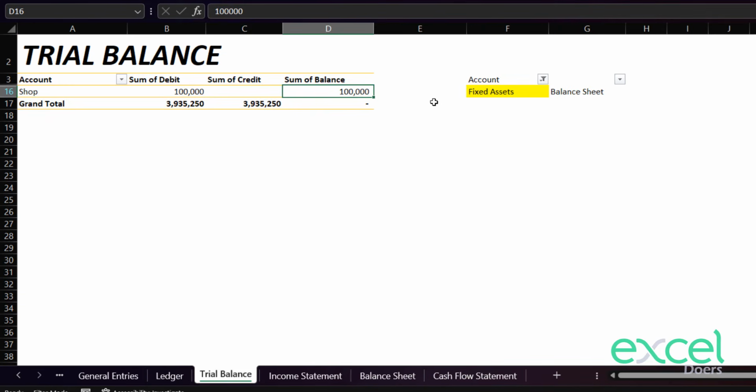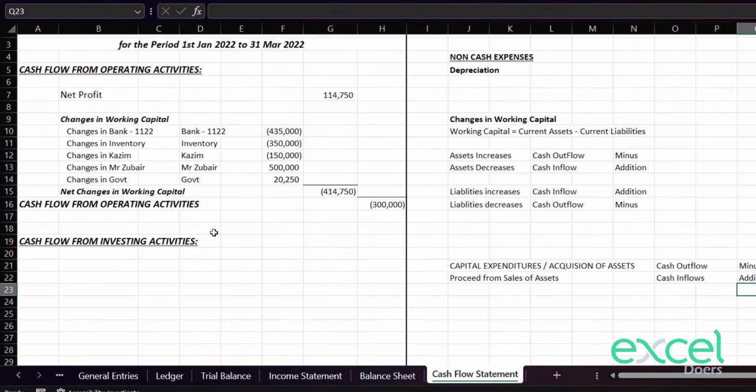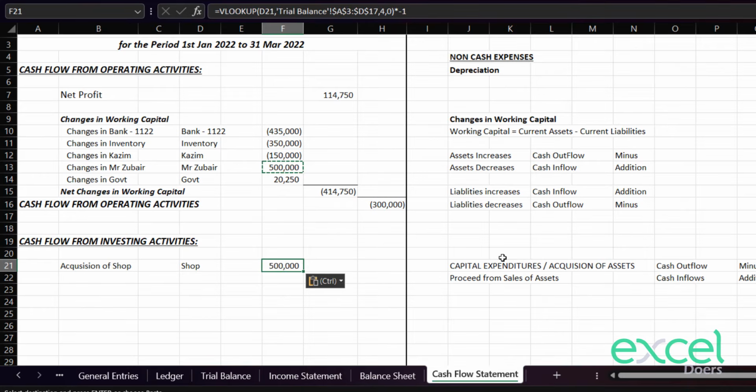So going back, I have to report this into my investing activities now. So I can call it acquisition of shop, right? And I can call it, let's say, shop. Again same thing, I have brought it down.